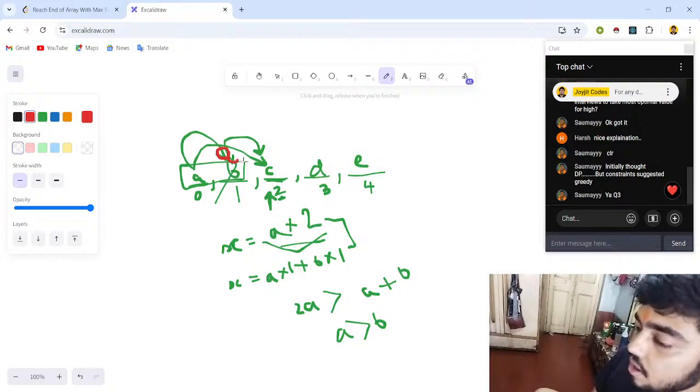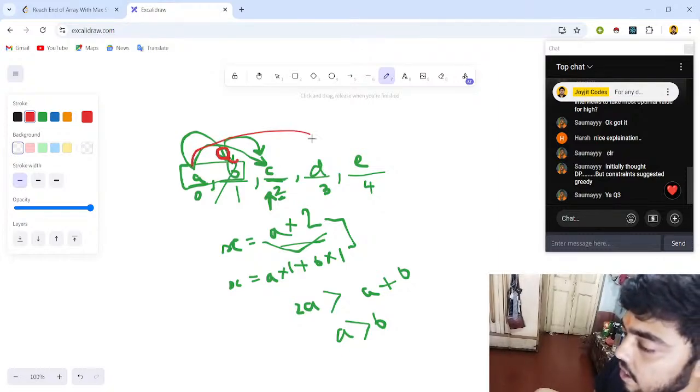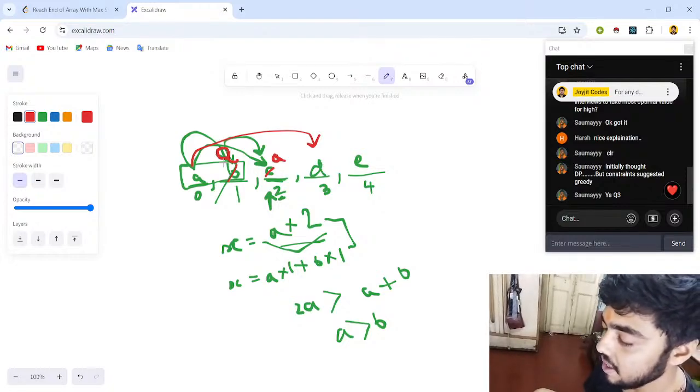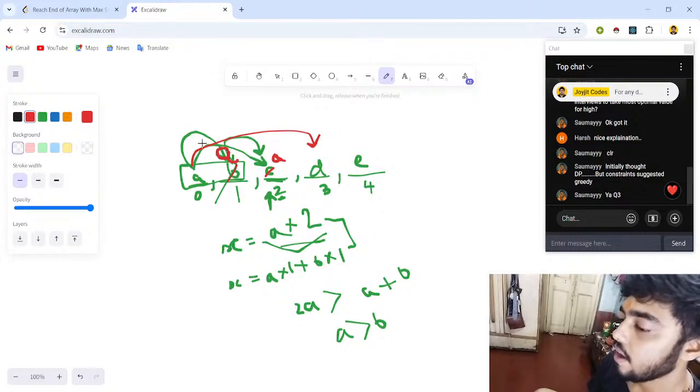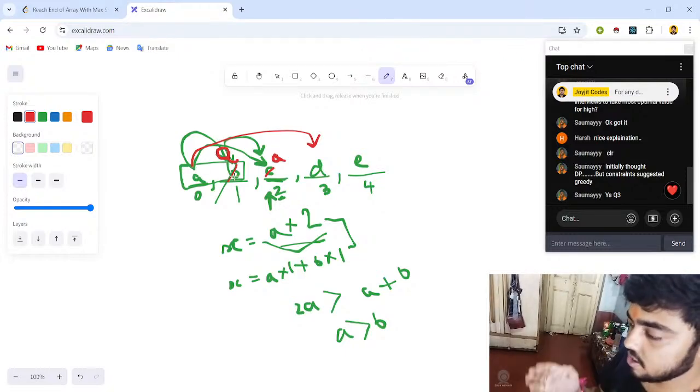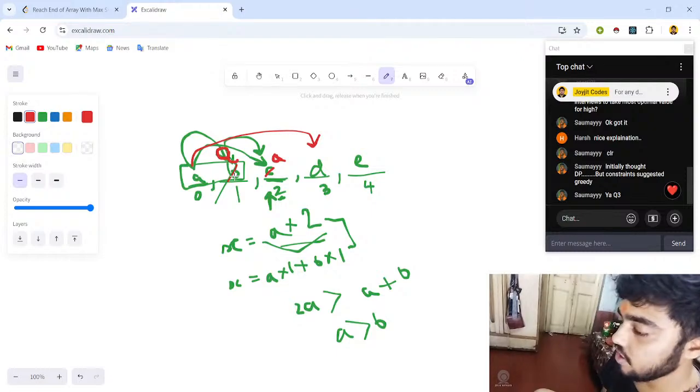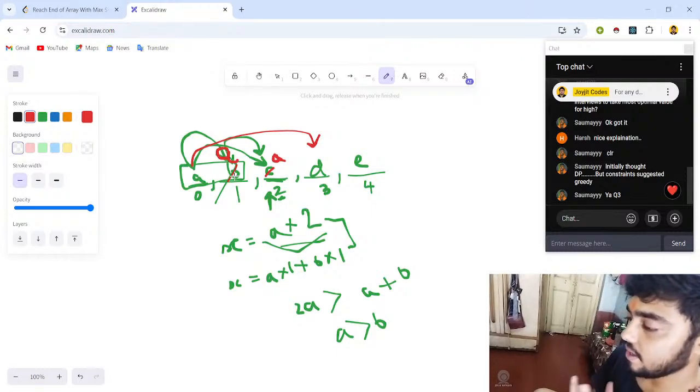If we jump from a to d, this b becomes a, and this c also becomes a. Why is it so? Because a to d gives us a sum of 3 into a, right? So if we are taking a jump, we find the sum of all the elements, and we replace the elements between that jump with the element from which we are jumping. You get it? I think this is clear, right?